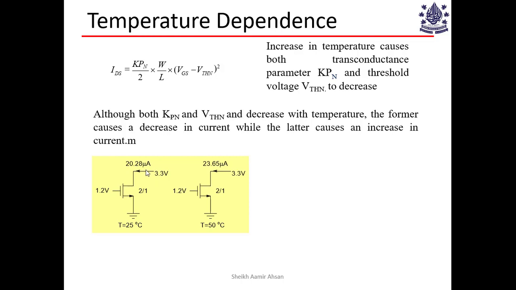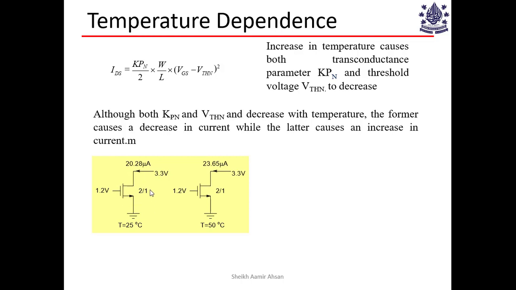So first thing here, the current is in microamperes. You'll have to get used to microamperes in case of MOSFETs. In MOSFETs, the current is usually of this order, microamperes, whereas in BJTs you have the current of the order of milliamperes. So that is one difference between MOSFETs and BJTs.